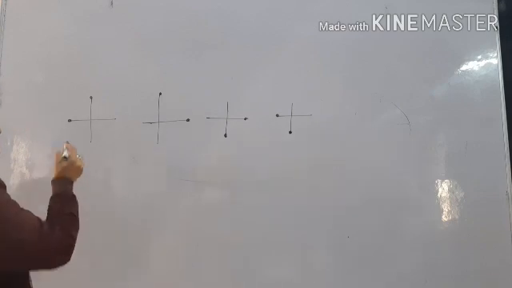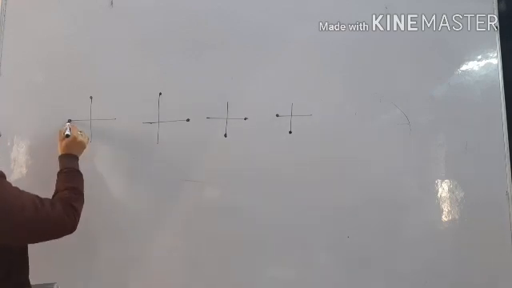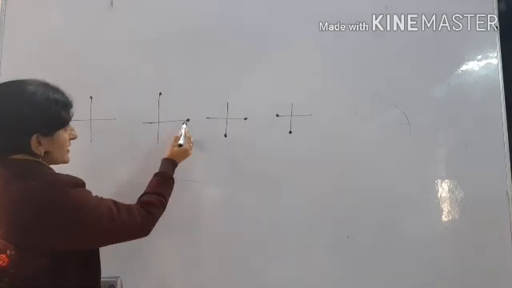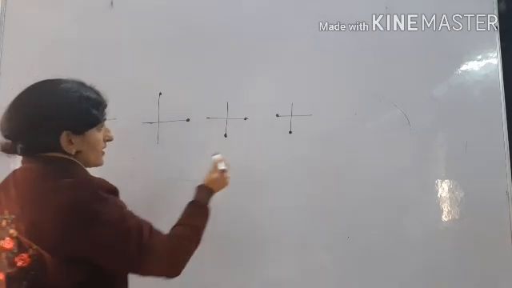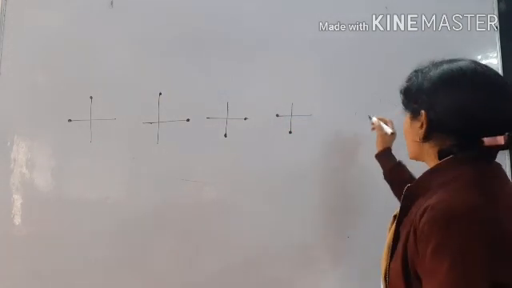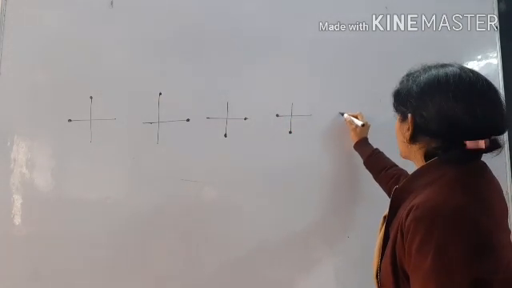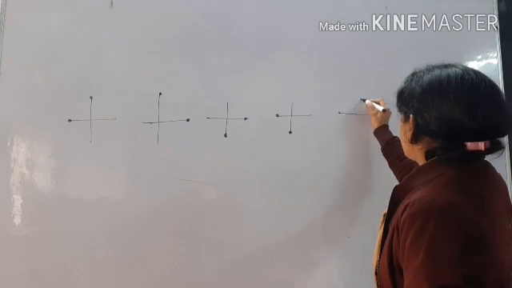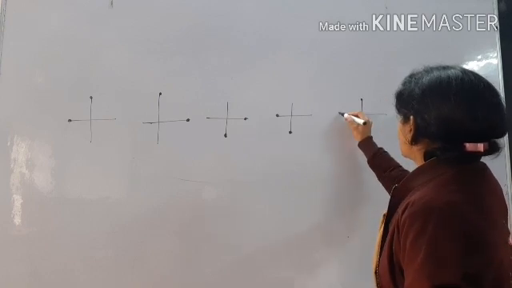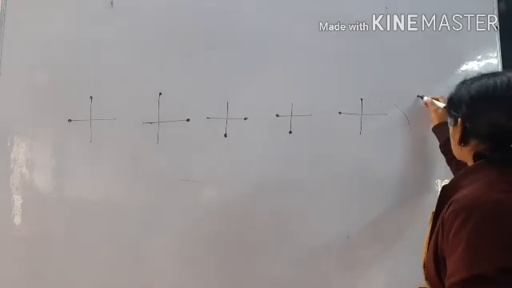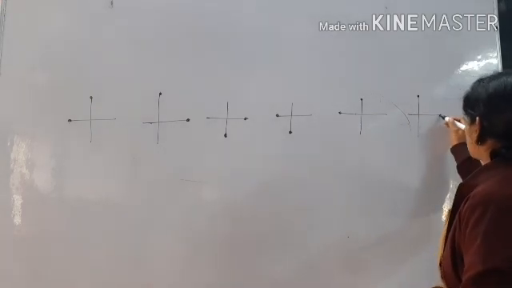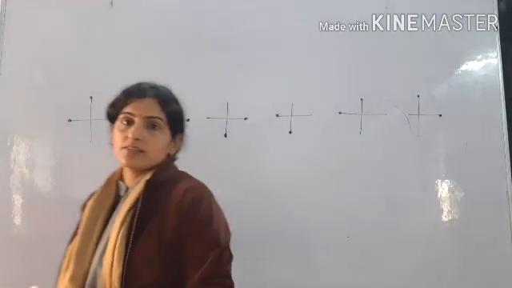So we can see in the first the dot is here and it is upward, in the second it is here, it is upward, in the third it is here and this is here, and in this it is here and here. So the first pattern will be repeated the same here, and now the second pattern will be repeated the same here, okay. So we have to do these questions like this, okay.